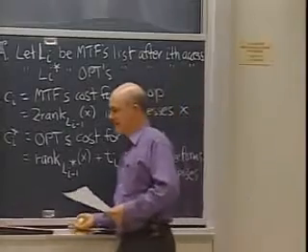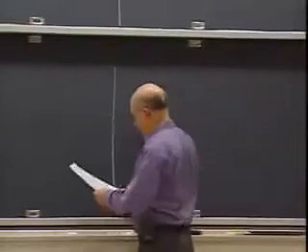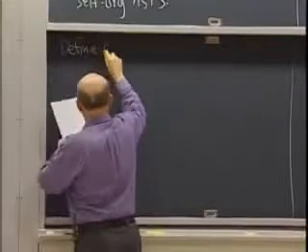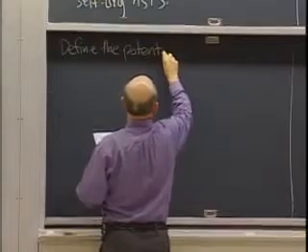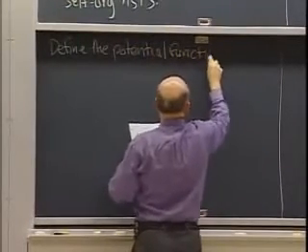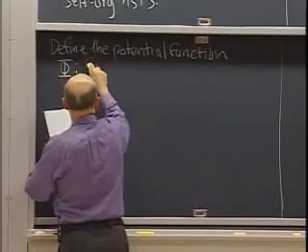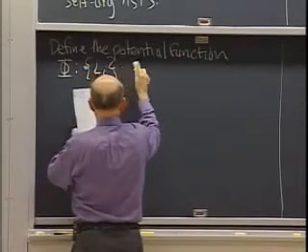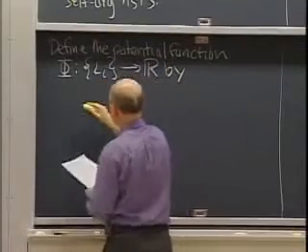So let's define that, and then we'll take a look at it. We're going to define a potential function phi mapping the set of MTF's lists into the real numbers by the following.